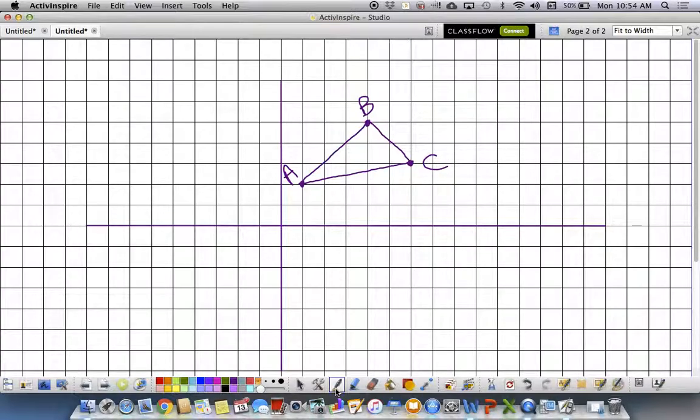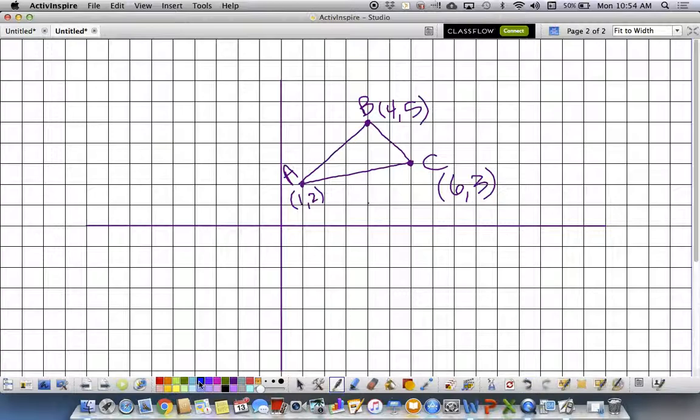Let's come up with coordinates. 1, 2, then 4, 5, and 6, 3. Okay, there are your coordinates for triangle A, B, C.